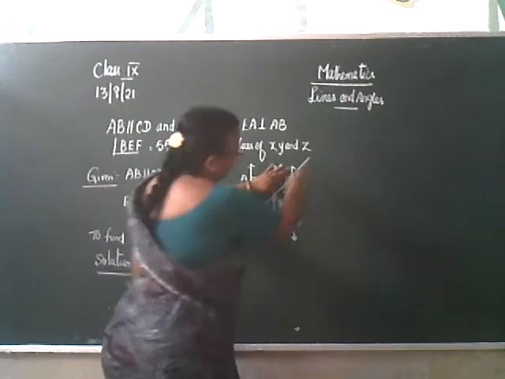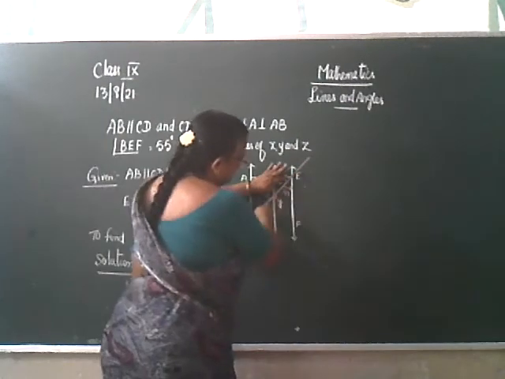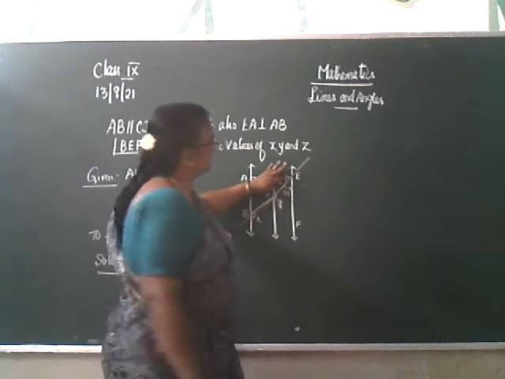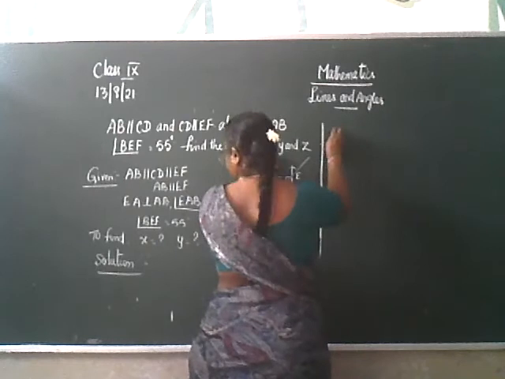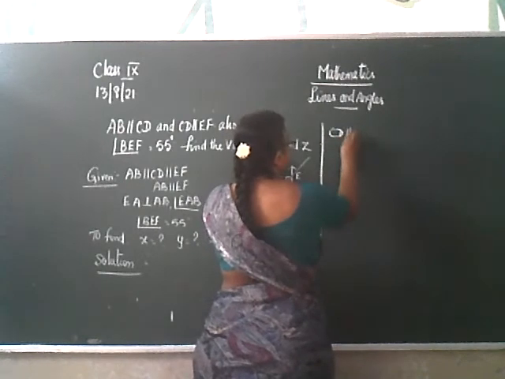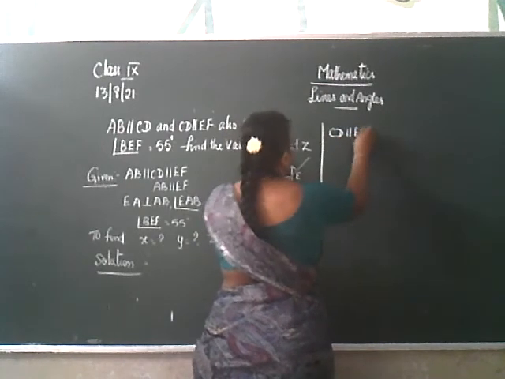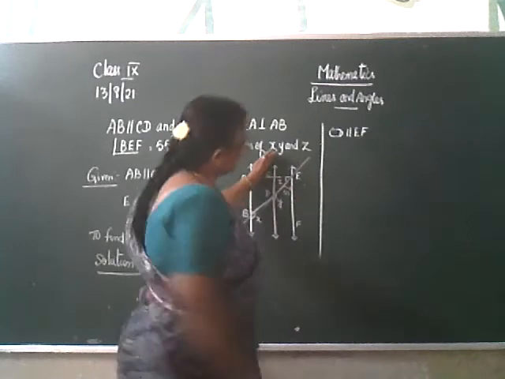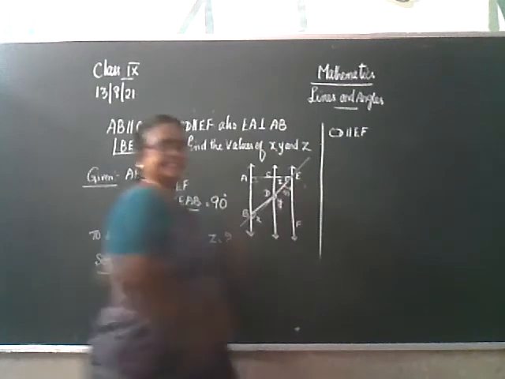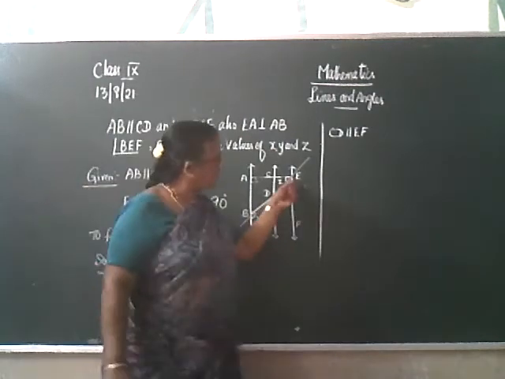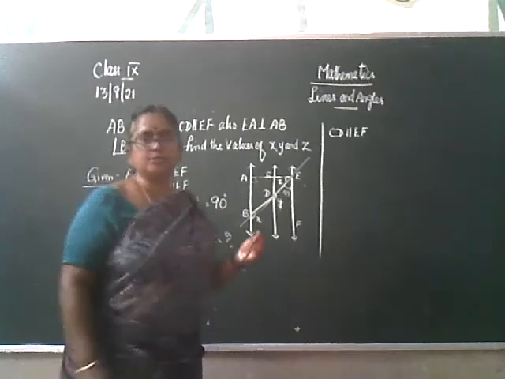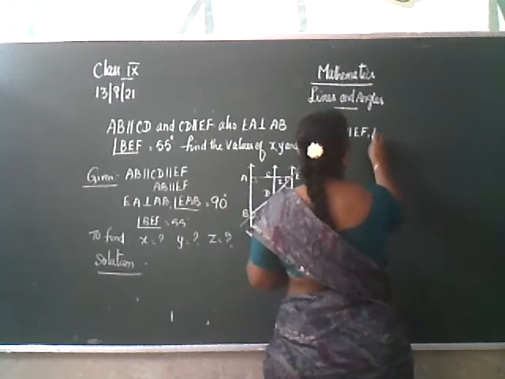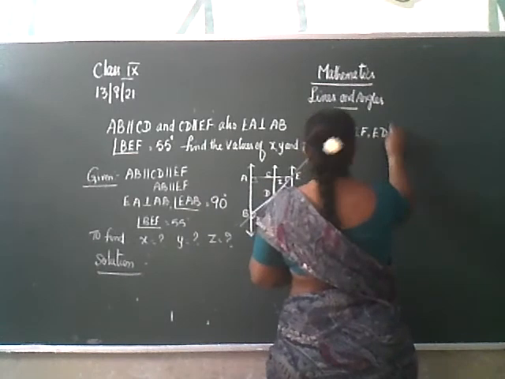So I can write CD is parallel to EF, and ED is the transversal. What about these two angles? Yes, interior angles on the same side of the transversal. So I can consider ED is a transversal.